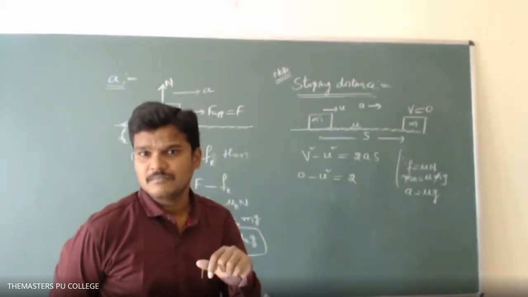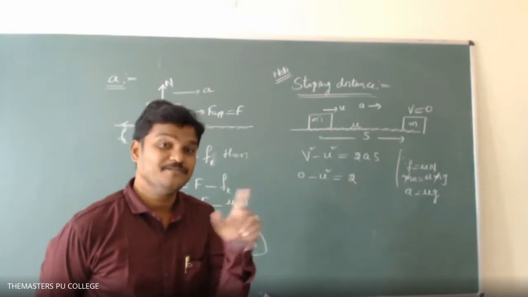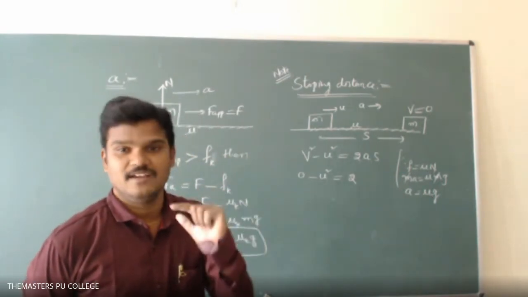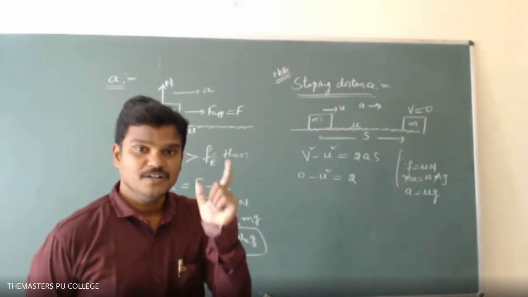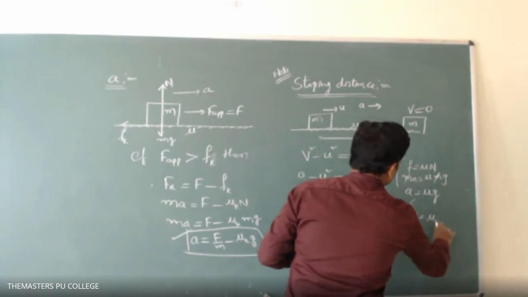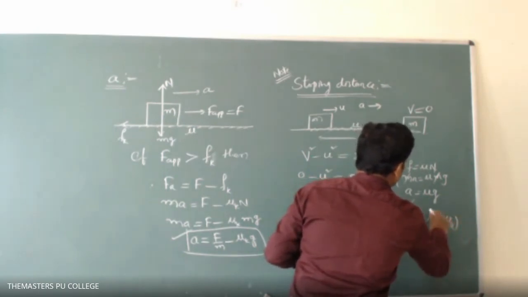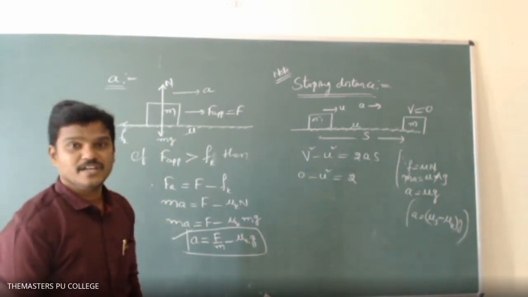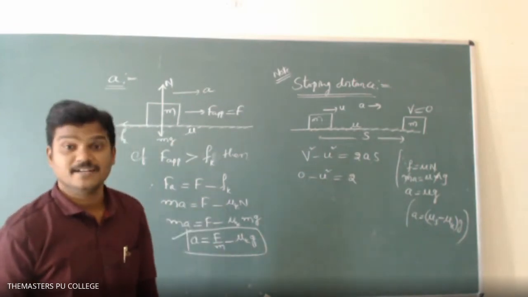If both frictions are not the same, then you can go for the difference. Keep in mind, if two frictions are given, you can write a as mu s minus mu k into g, the acceleration.